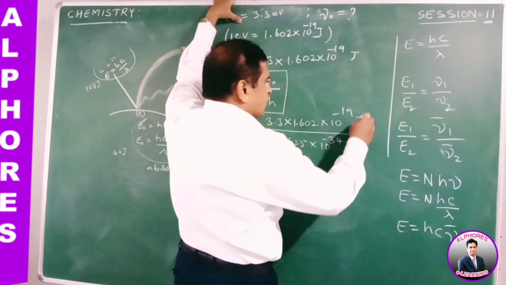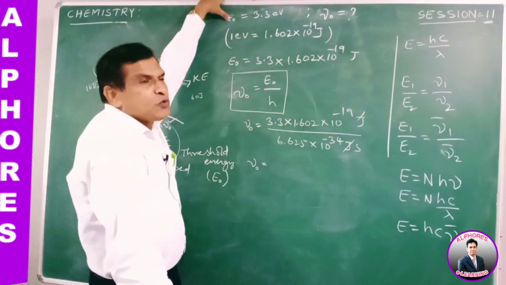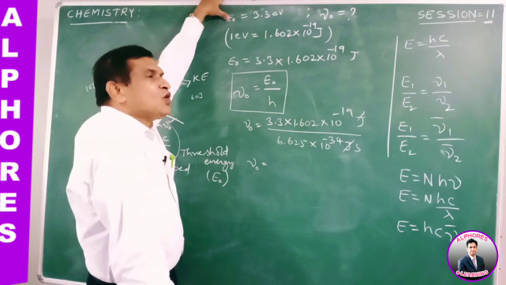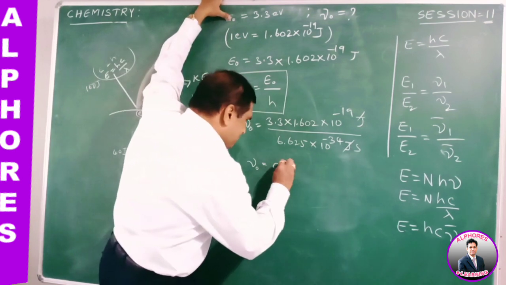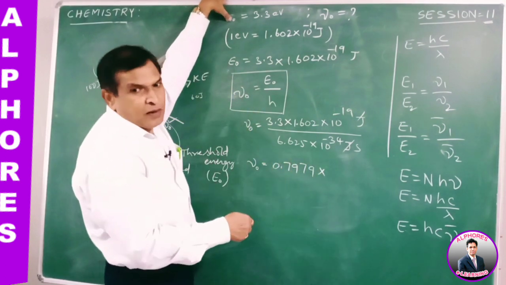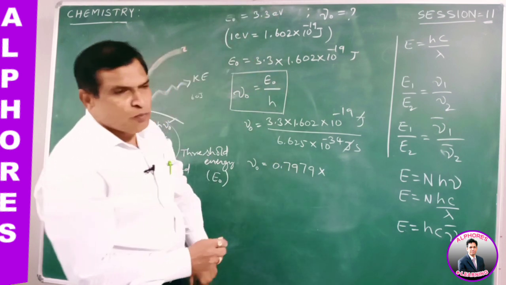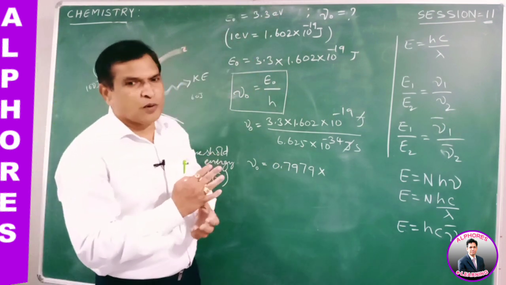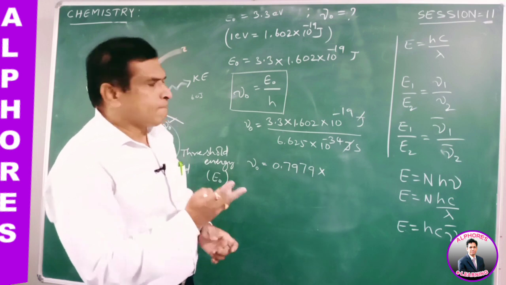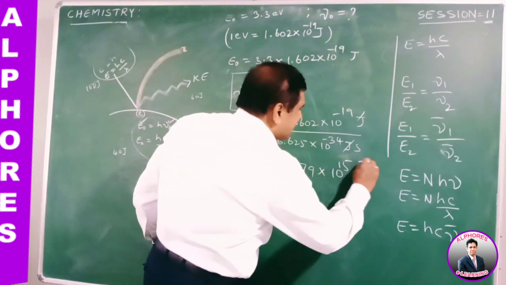So it goes per second. Now nu naught is equal to 0.7979 into 10 to the power 15 per second.